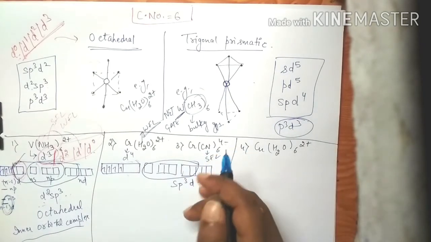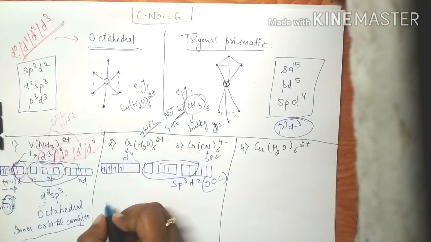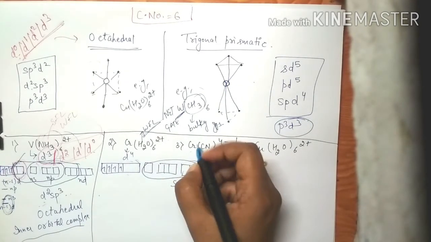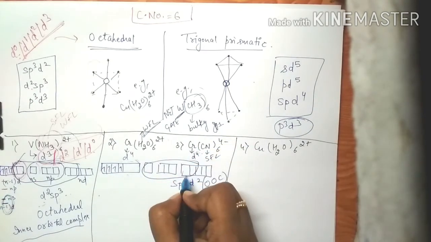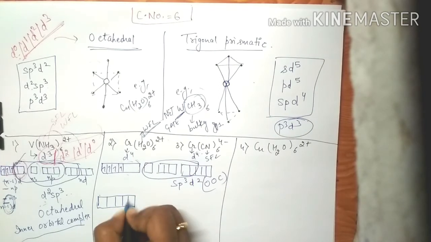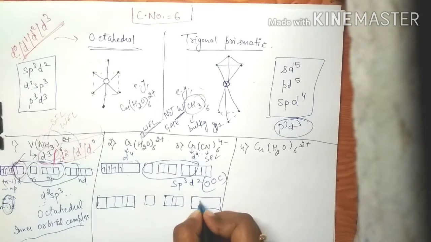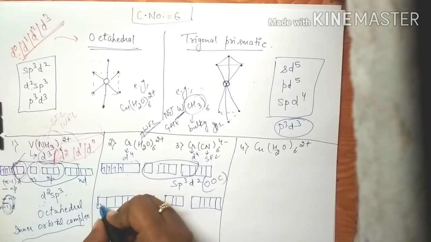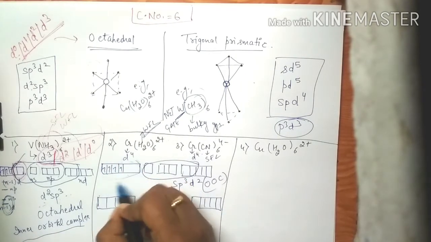Now if we consider the third case of [Cr(CN)6]4-, then what happens? Here also chromium is having d4 configuration, same configuration, but initially it will be having 4 electrons filled like this, right?